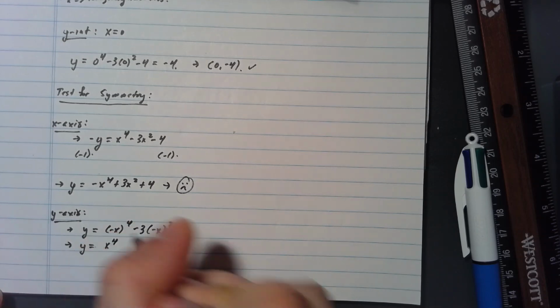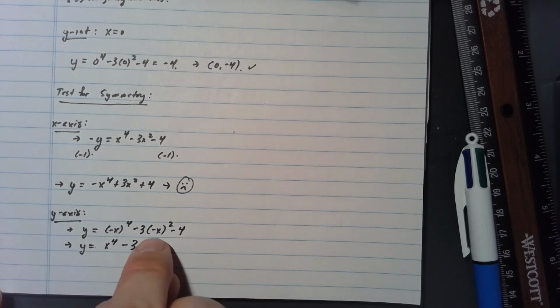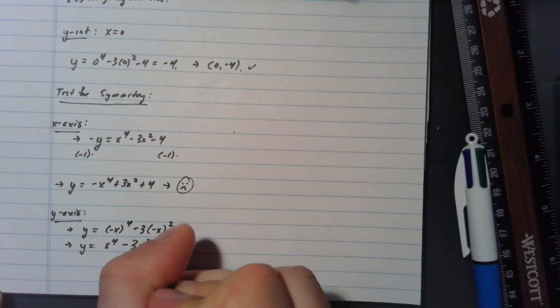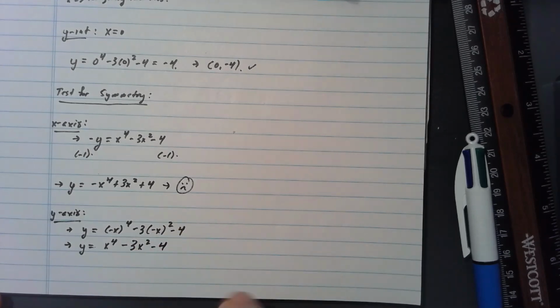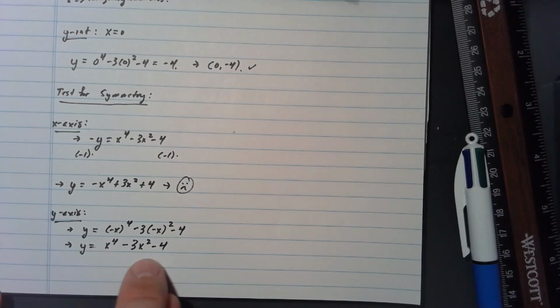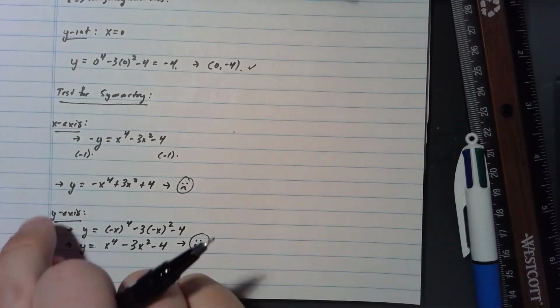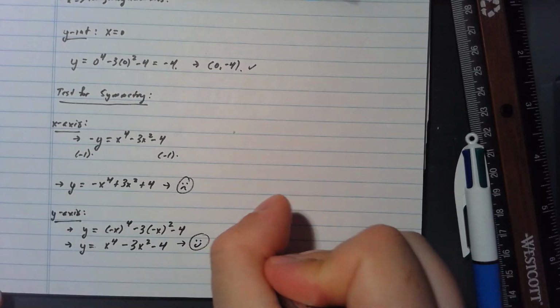So it becomes x to the fourth minus 3 negative x squared, same thing. That's an even power, so the x becomes positive. Minus 4. This is the same as the original equation. So I'm symmetric to the y-axis.